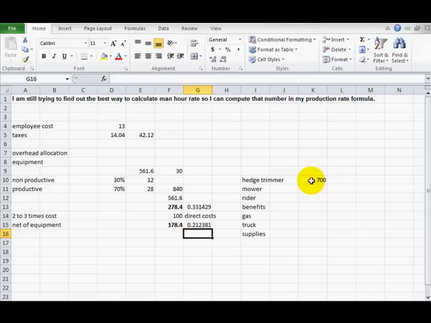All right, so now from here, and again, you can't get caught up on any of these numbers. They're just examples of how you calculate this out. So now from here, we've still got to allocate our overhead. So our overhead, there's some amount of overhead included for every hour we sell.